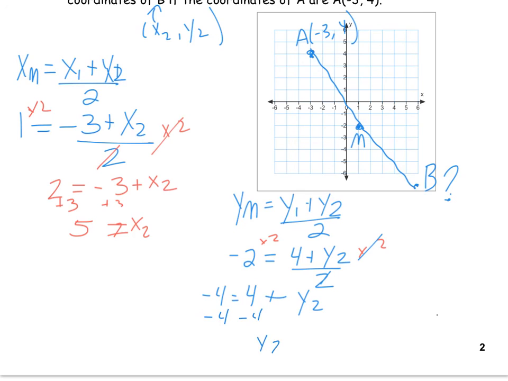So my y2 equals negative 8. So that means that the coordinates of B are 5, negative 8. If we go back to our graph, 5, negative 8 would be down here somewhere, more or less. So that makes sense.